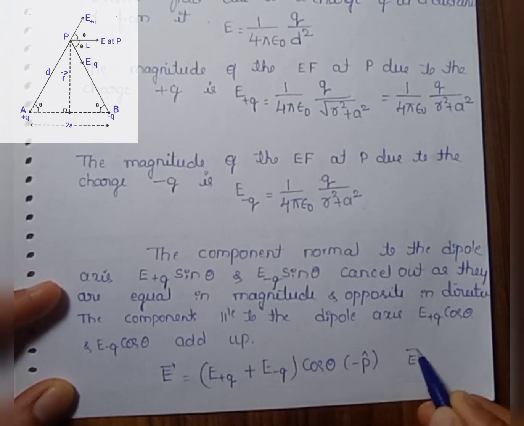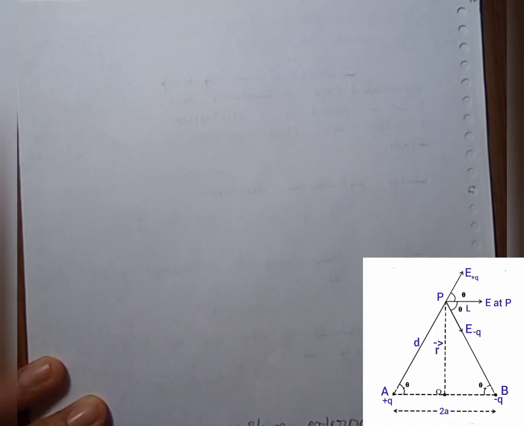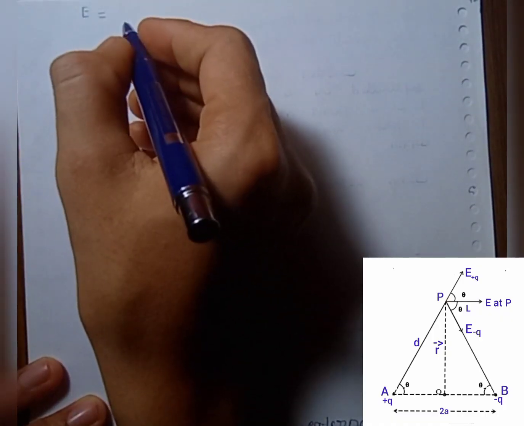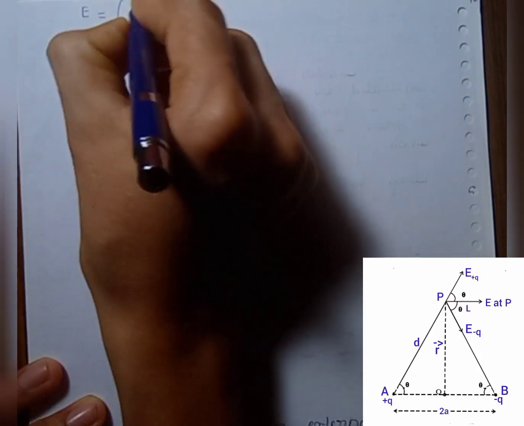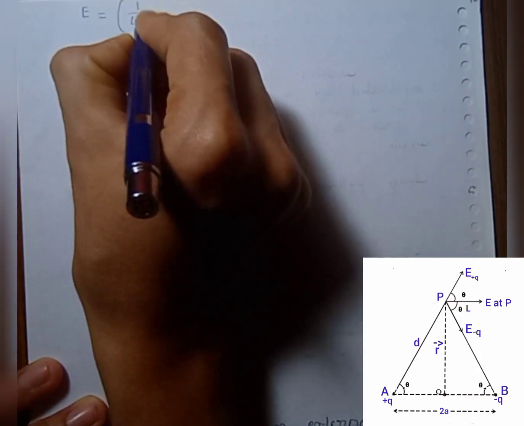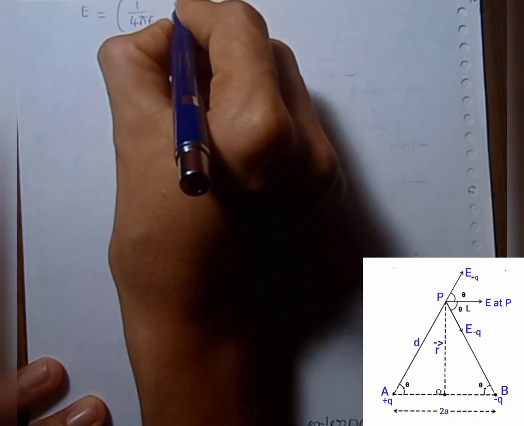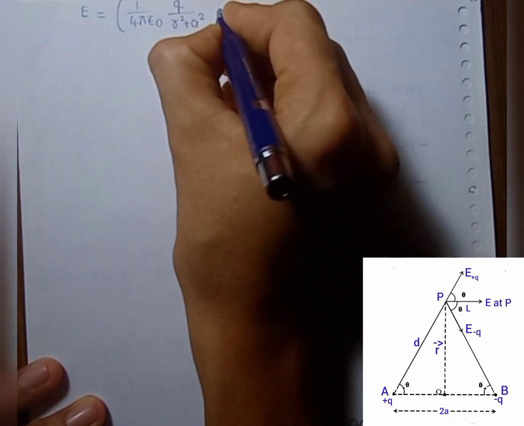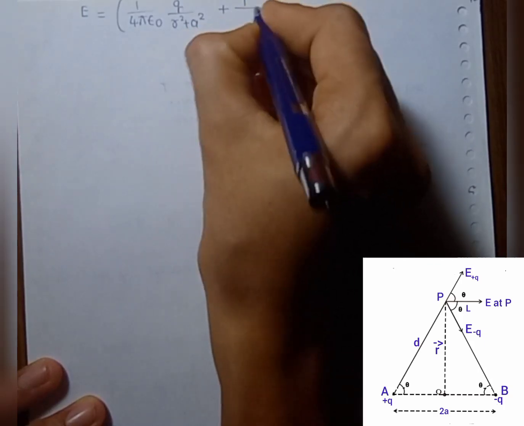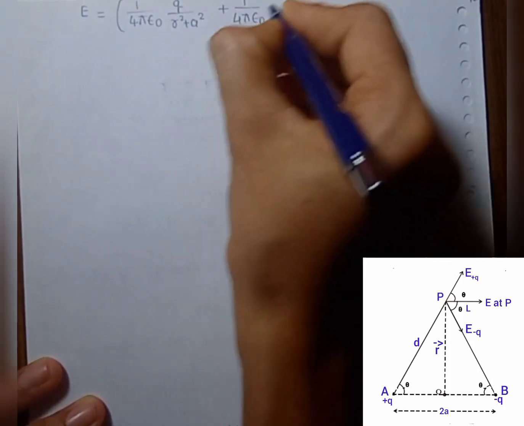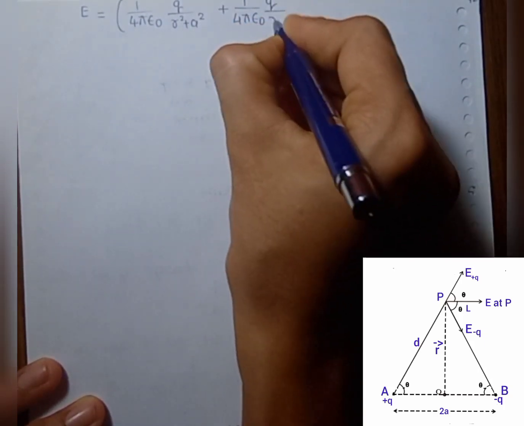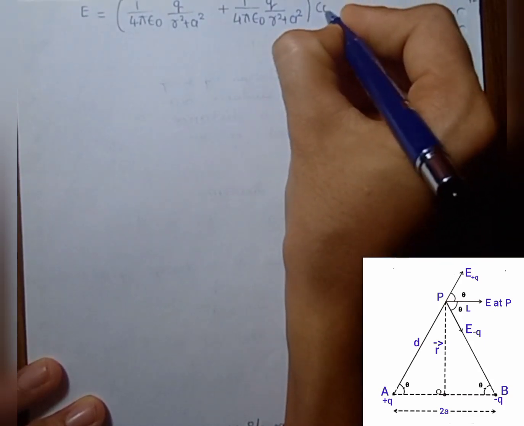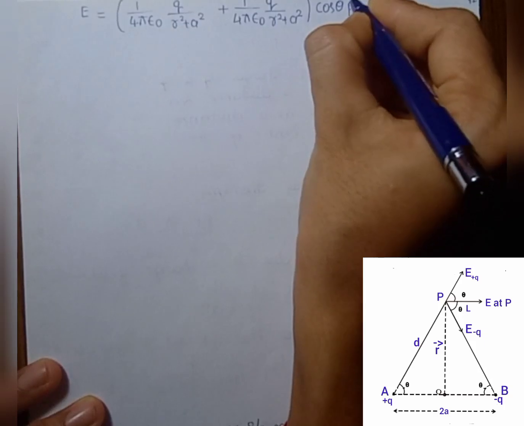Here the electric field at P: E is equal to E plus Q, whose value is 1 by 4 pi epsilon naught Q divided by R square plus A square, plus E minus Q, whose value is 1 by 4 pi epsilon naught Q divided by R square plus A square into cos theta P cap.